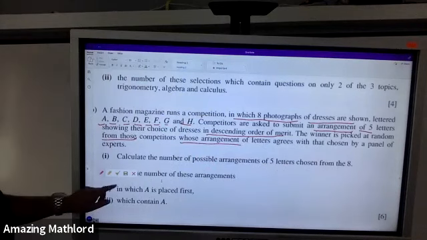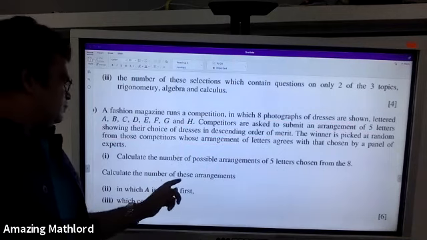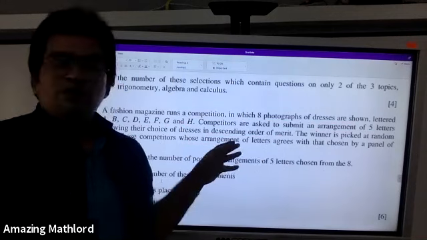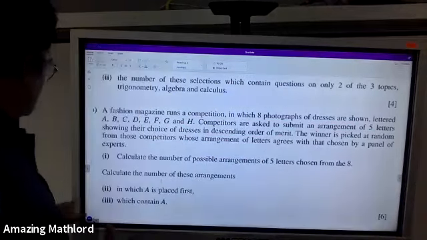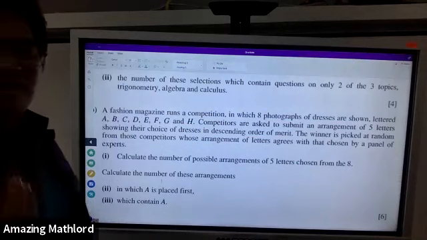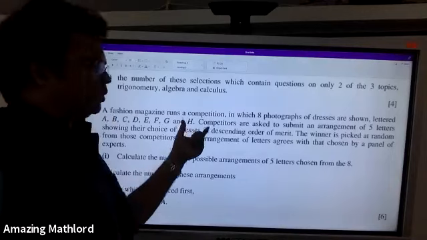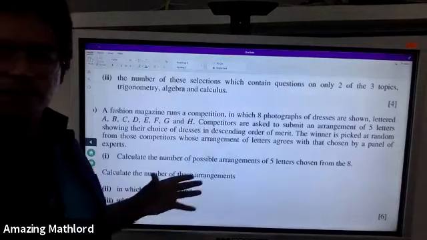The first question here is to calculate the number of possible arrangements of 5 letters chosen from these 8. Since it is an arrangement, it has to be in proper order. Whether I'm picking E first or H first, the order will be important.